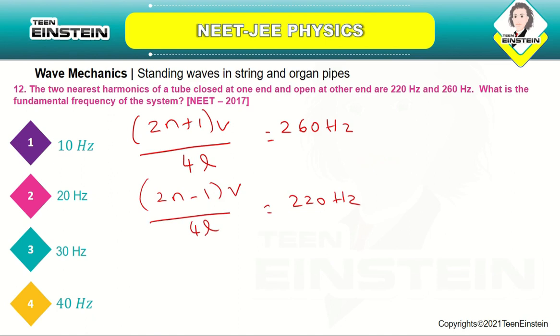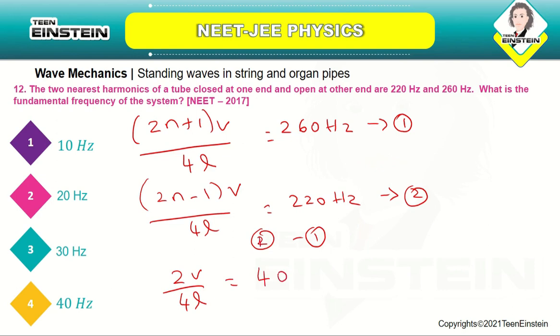Okay, so this you can take as equation number 1 and this as equation number 2. Now you're going to subtract equation 2 from equation 1. When you do that, you get 2V by 4L is equal to 40. Sorry, it's 1 minus 2.